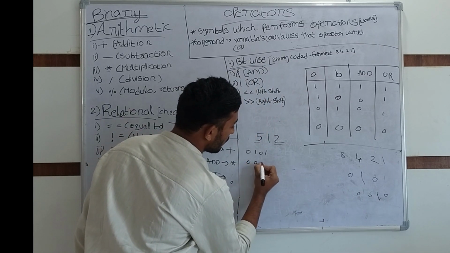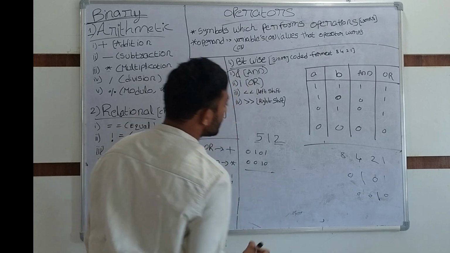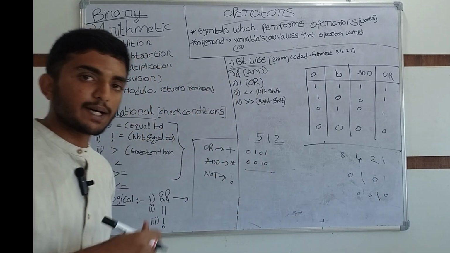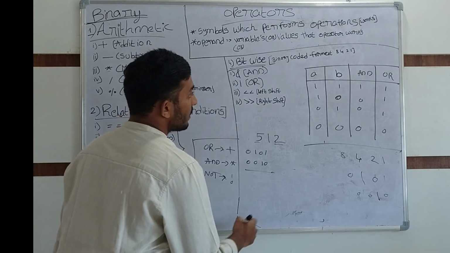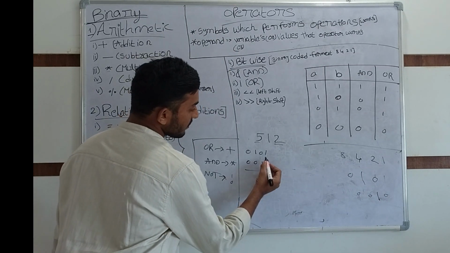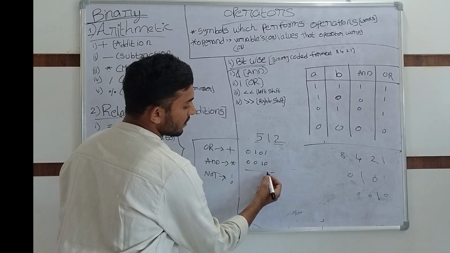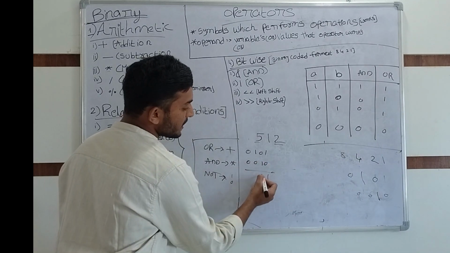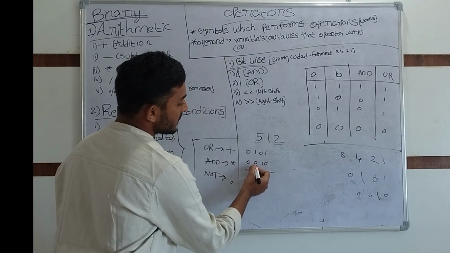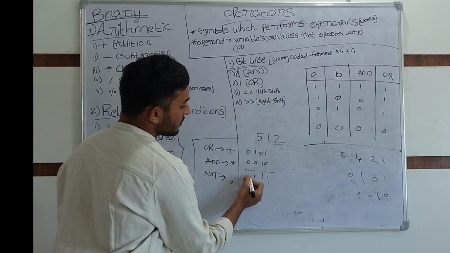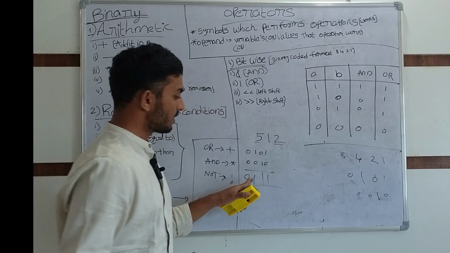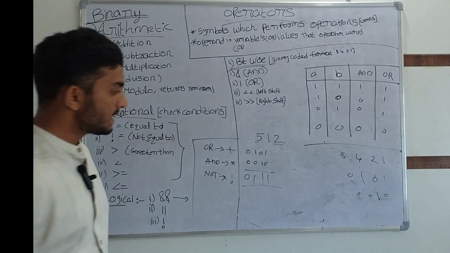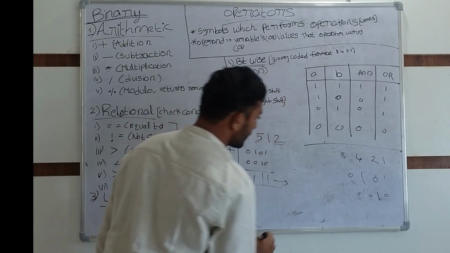The binary code is 0 0 1 0. Here OR is used as sum, addition. For example, 1 plus 0 is 1, 0 plus 1 is 1, 1 plus 0 is 1, 0 plus 0 is 0. Here I am getting 0 1 1 1. What is the result?